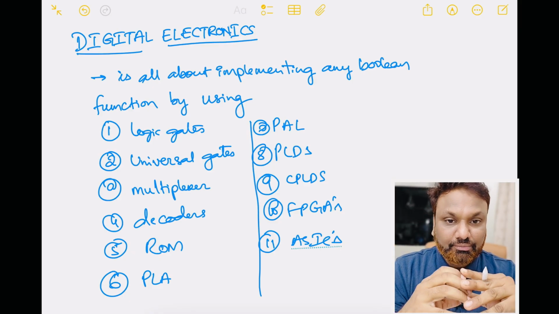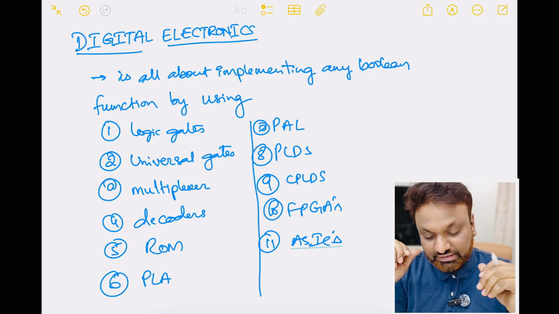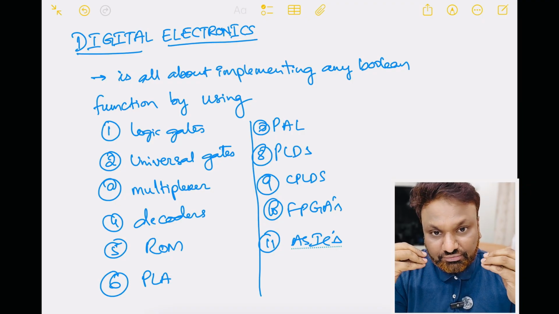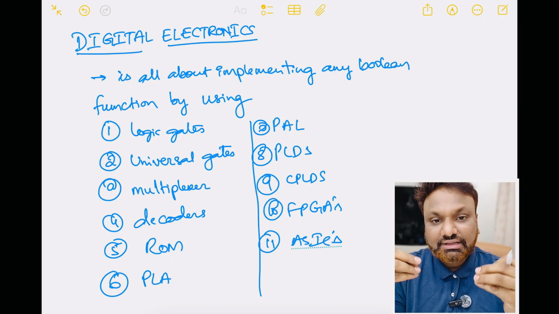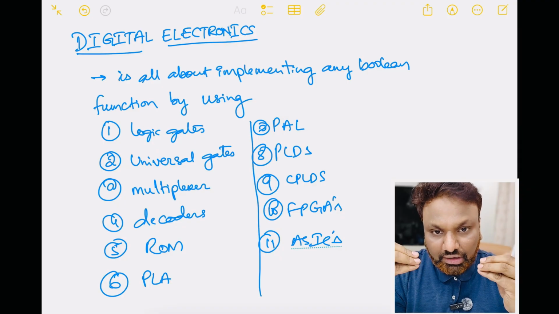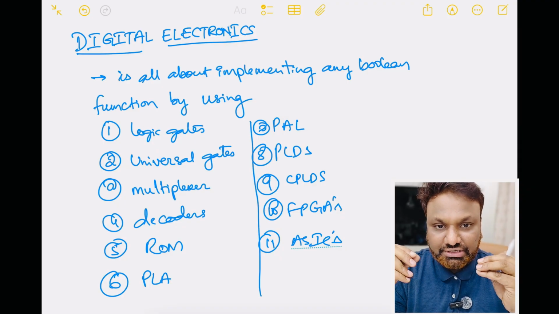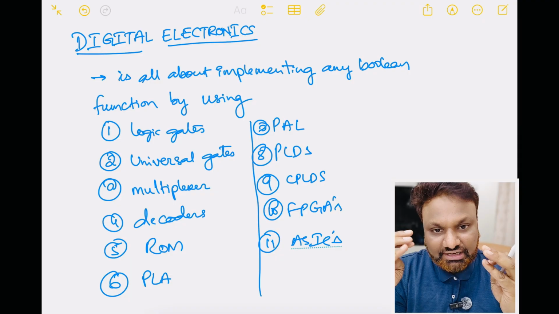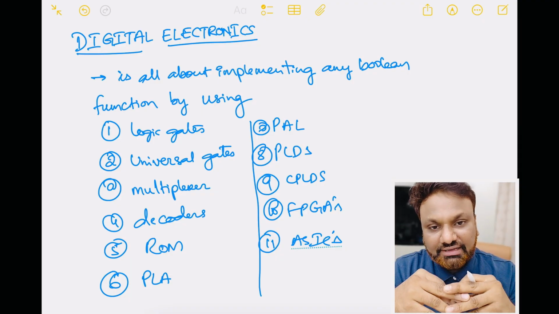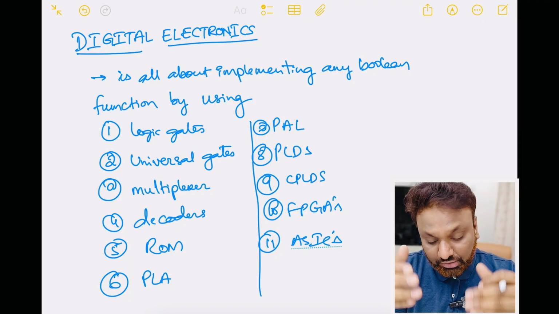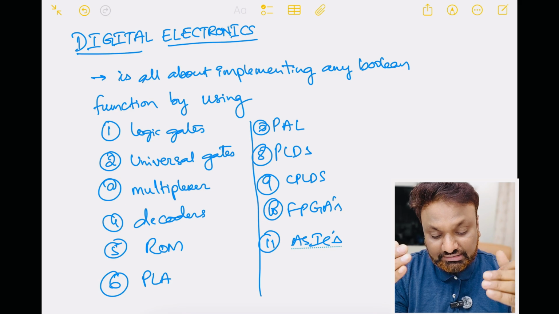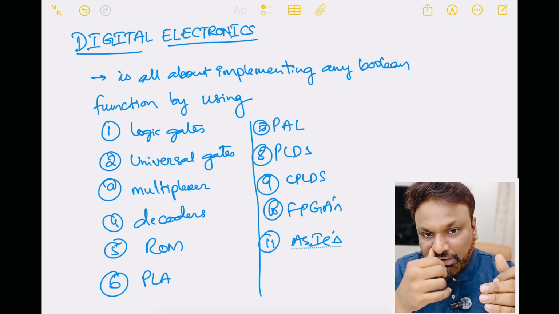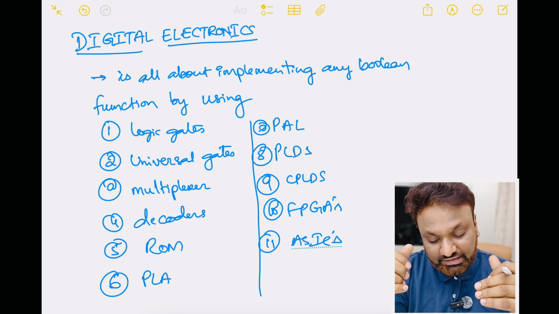Those are the basic building blocks of digital electronics. And what we study in digital electronics is implementing the Boolean function by using either logic gates, universal gates, multiplexer, decoder, ROM, PLA, PAL, PLDs, programmable logic devices, CPLDs, right?